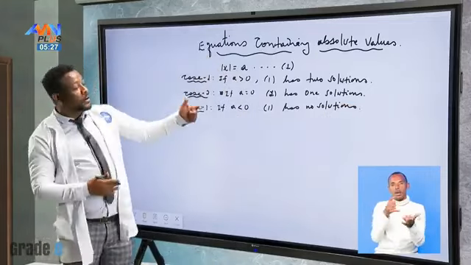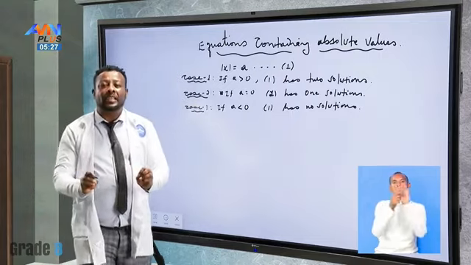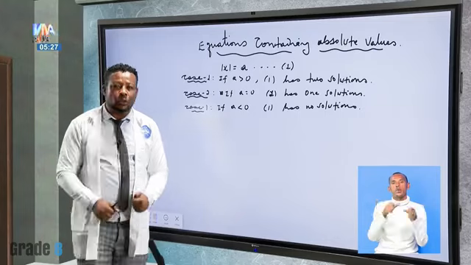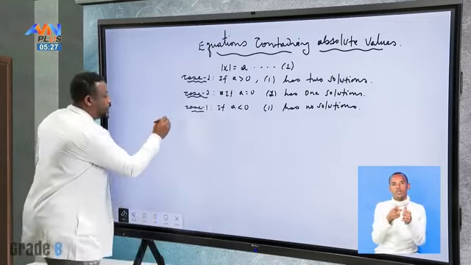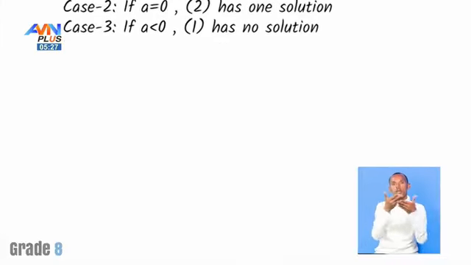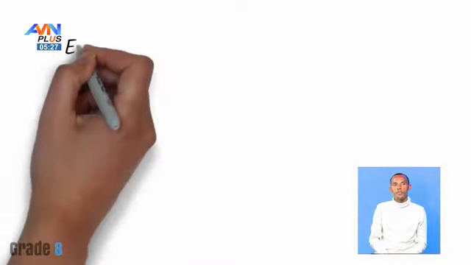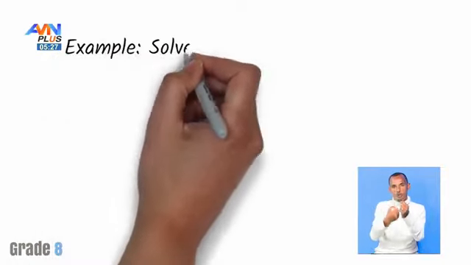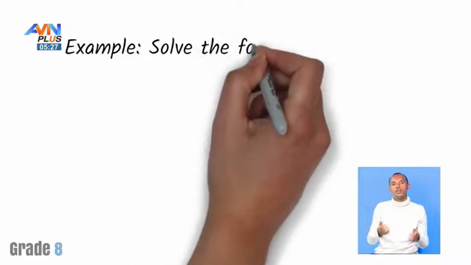This is the structure of the solution system for absolute value equations. So to make it clear, let's see an example of how we can solve equations containing absolute value. Solve the following equations.